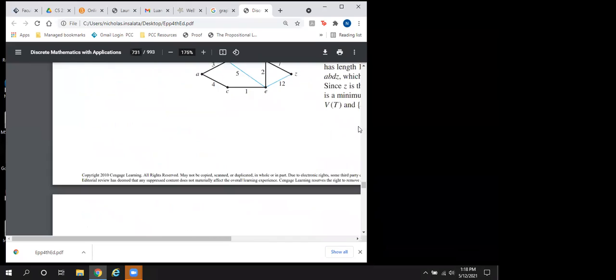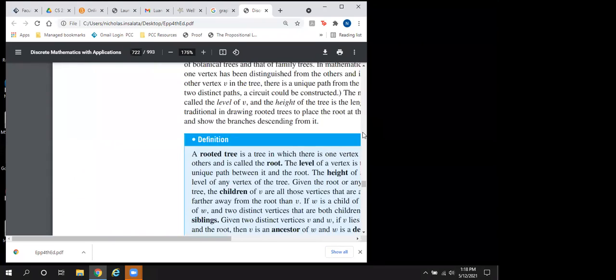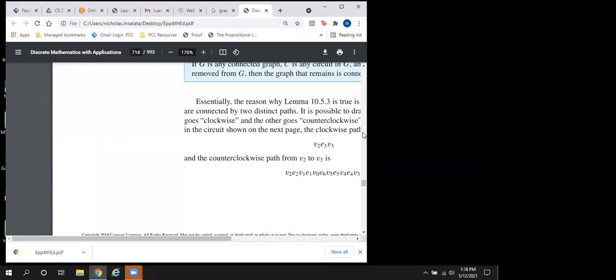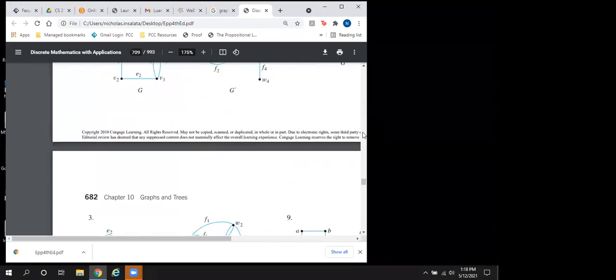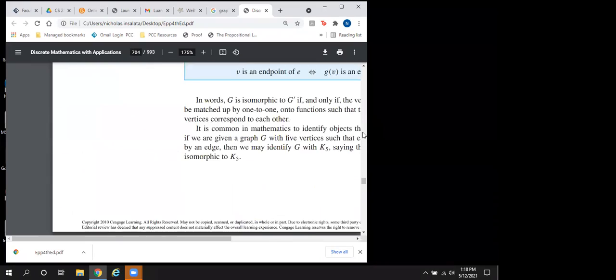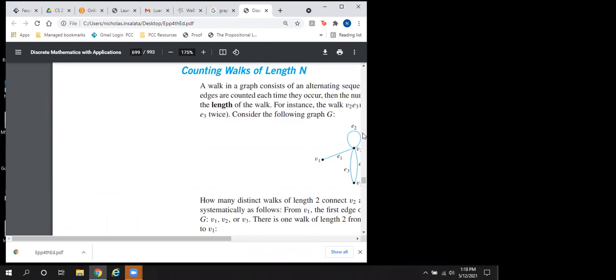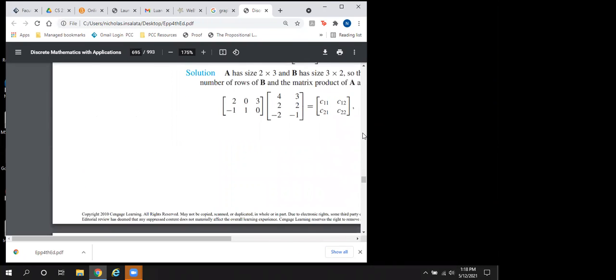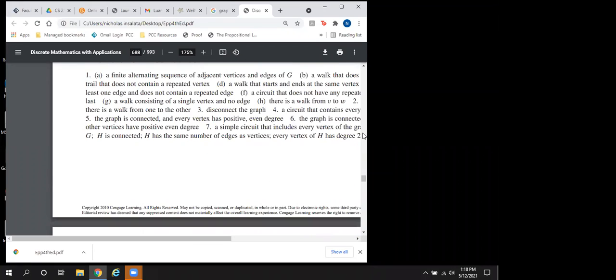Oops, oh boy, I screwed up. I got it right on the page before. There we go.